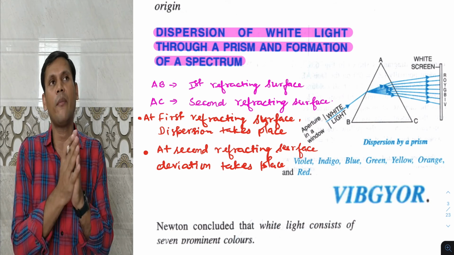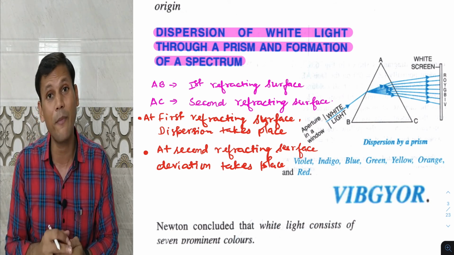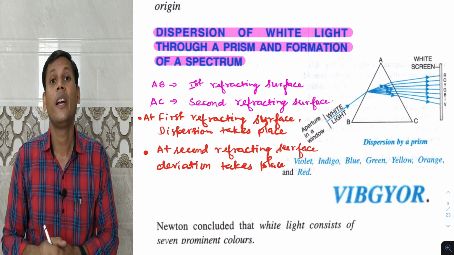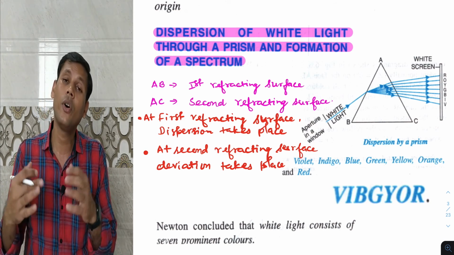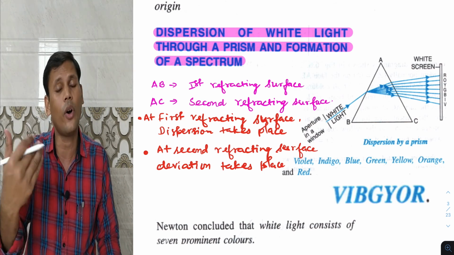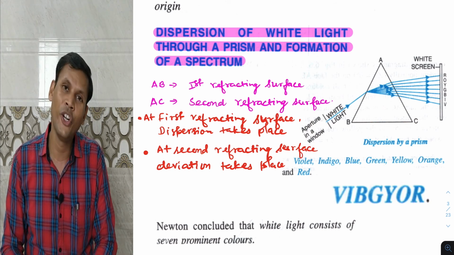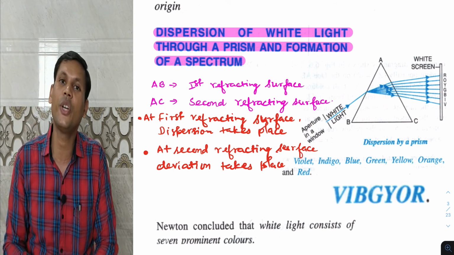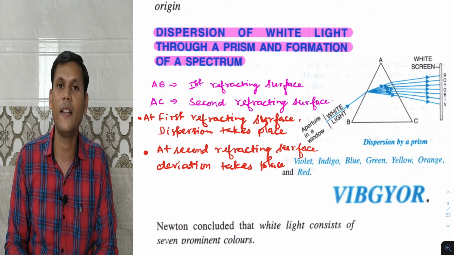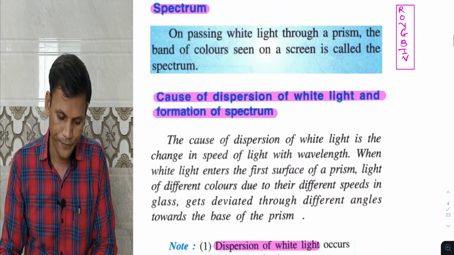We know that when a beam of light passes from one medium to another medium, it changes its path, and deviation takes place. So white light consists of the 7 constituent colors, so all colors will deviate with a certain angle, and due to that it will split into 7 constituent colors, and that is the dispersion.